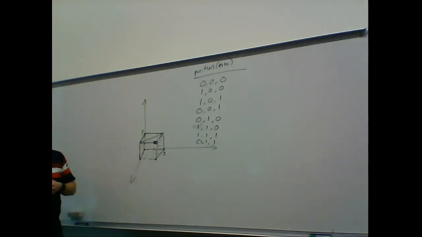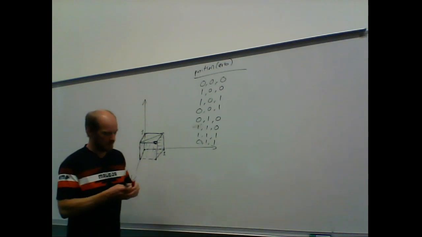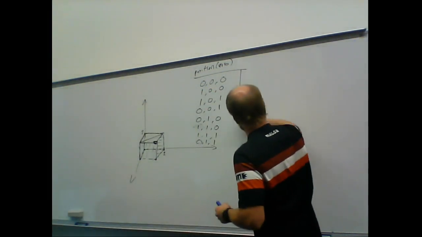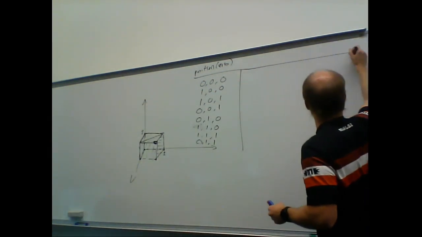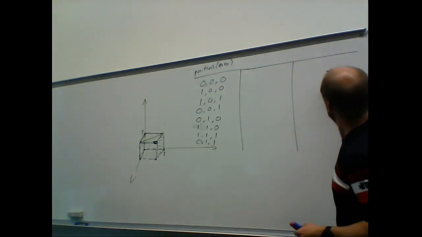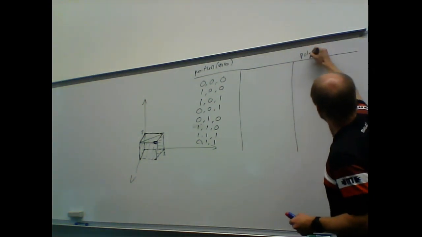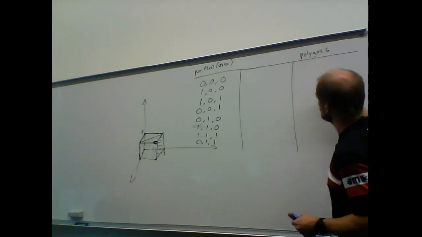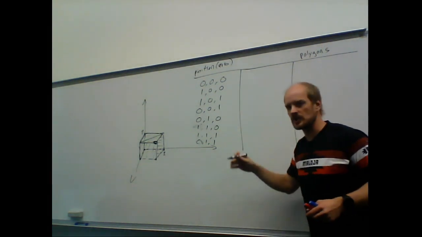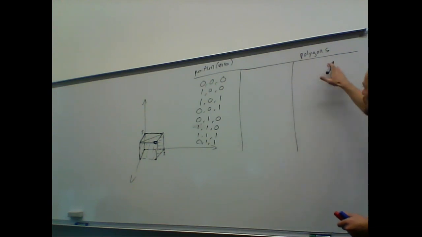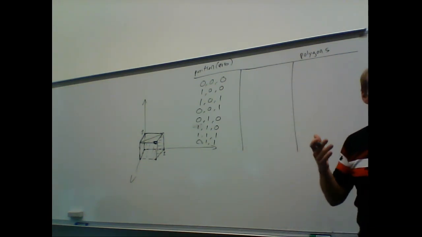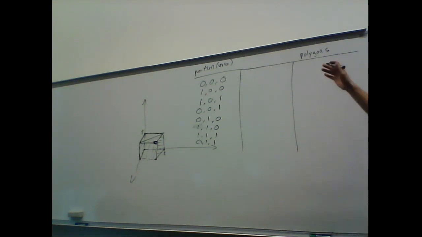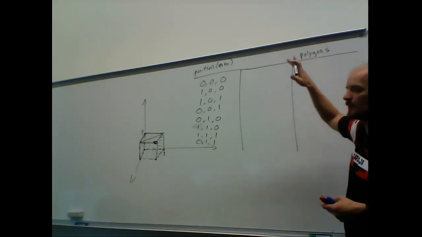So in order to do that, we need to look at polygons. So we're going to say we have positions, and then we have polygons. And each polygon, usually we're just using triangles, but let's say we have a number of faces on them.